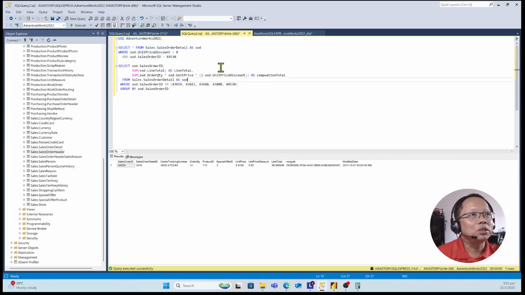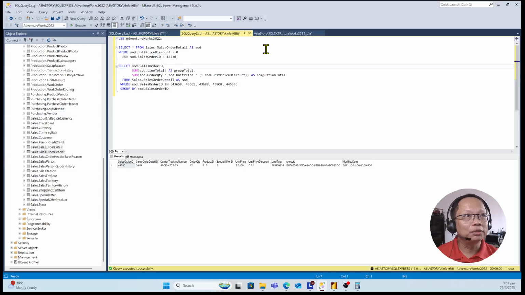So this is what I've done. I did a SQL on the sales order ID, and I created a sum total, maybe not line total, but let's say group total.